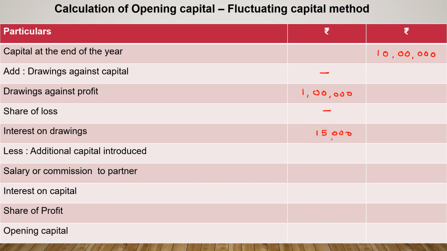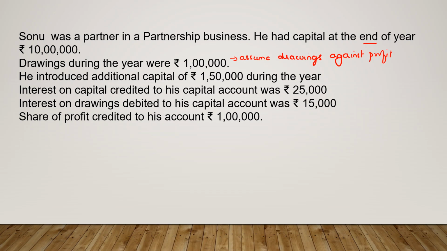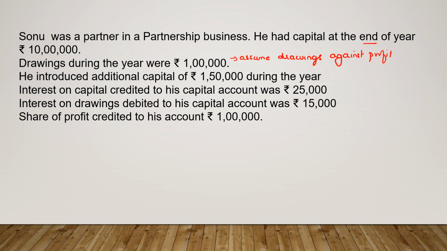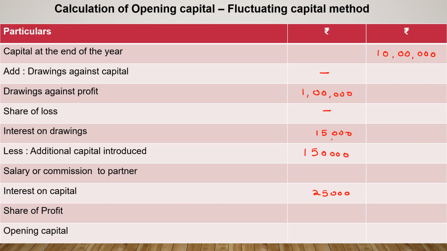There was additional capital introduced, which was 1,50,000, and interest on capital of 25,000. And there was also share of profit of 1 lakh. So we write it here under the subtract.